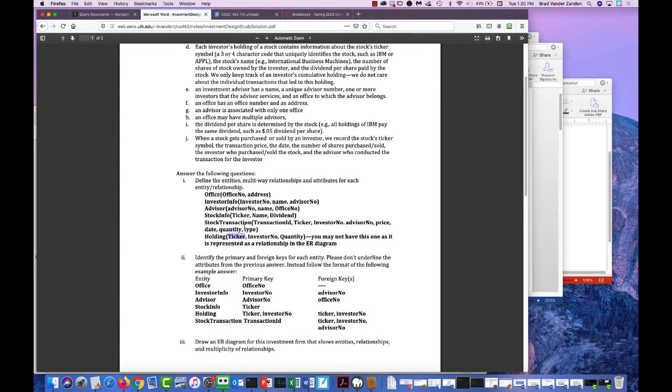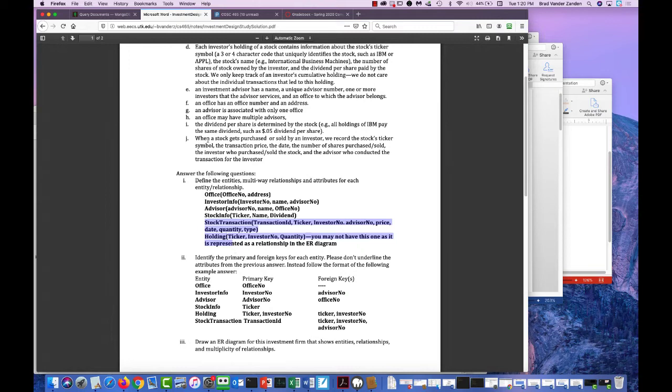Okay, now if I come back here for a moment, you might be thinking that stock transaction and holding are also entities, but as I hopefully have conveyed to you, they're not. They are relations or relationships, and there's multiple ways that you could have determined that these two things are relationships.